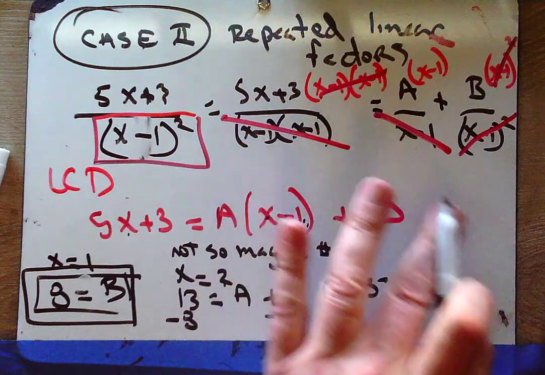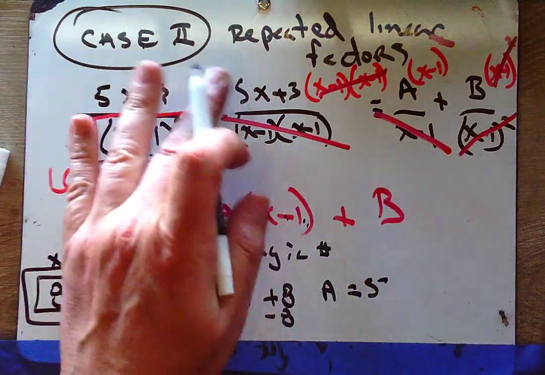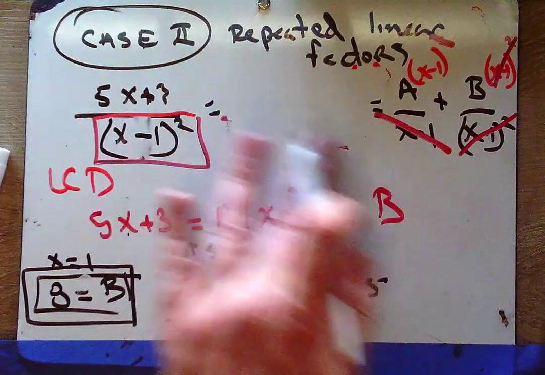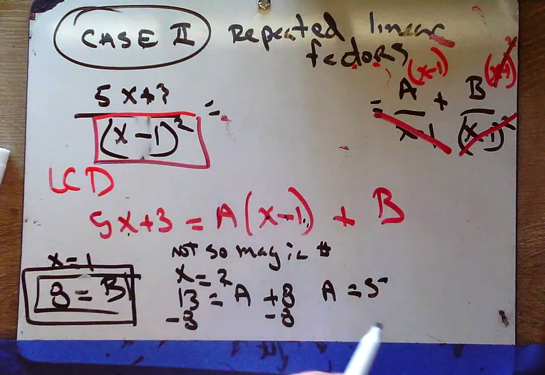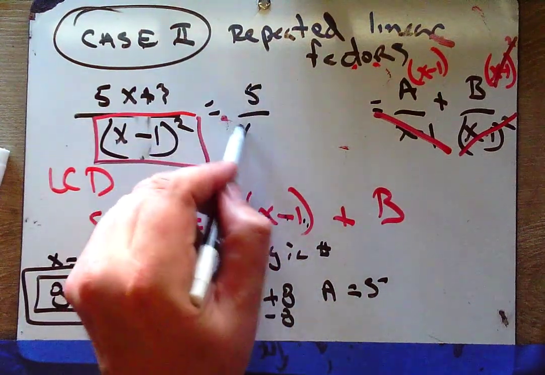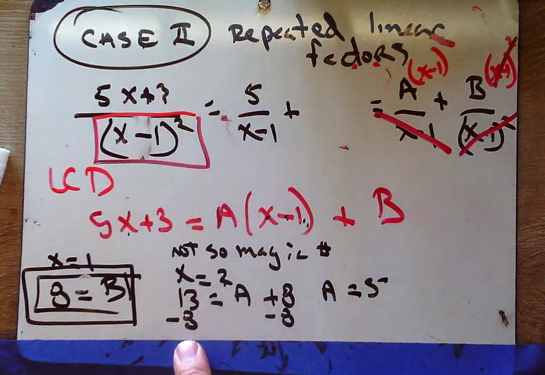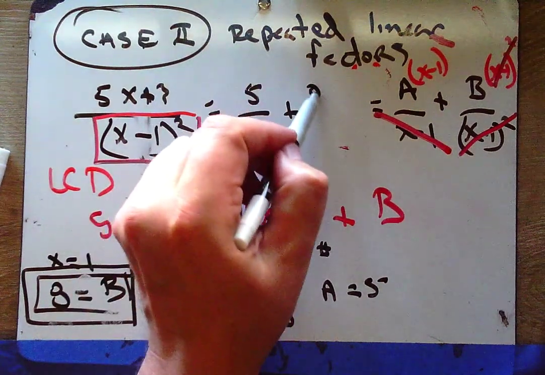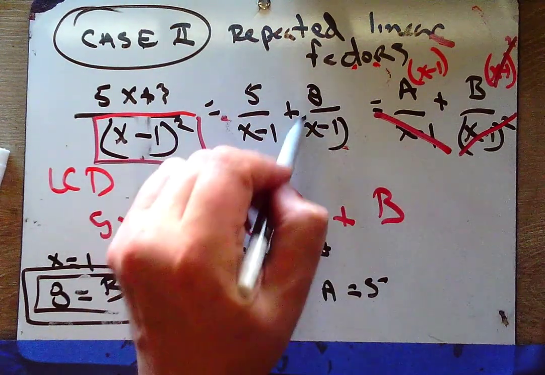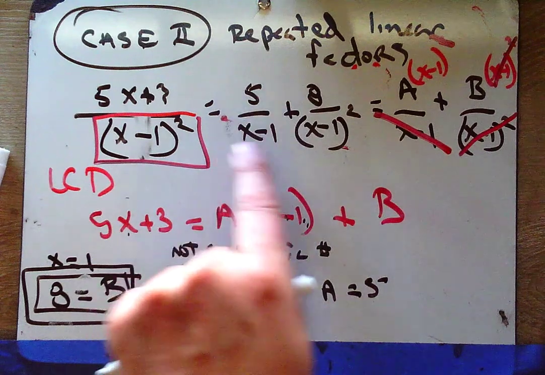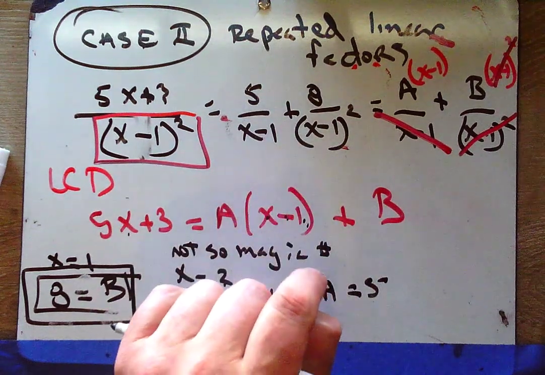And so then my partial fraction decomposition is going to be a was 5, and our b value was positive 8. See, I don't see any connection.